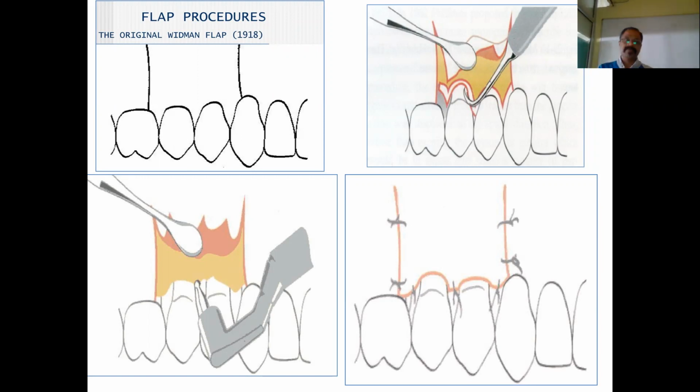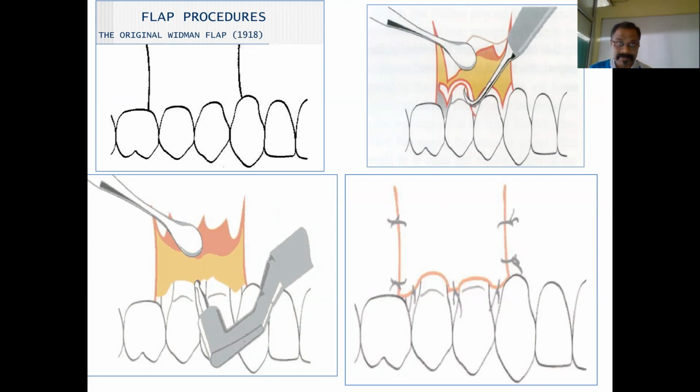The first thing you're going to do in the original Widman flap is give two vertical releasing incisions. This is your area of interest, so you're going to give two vertical incisions extending well beyond your mucogingival junction.